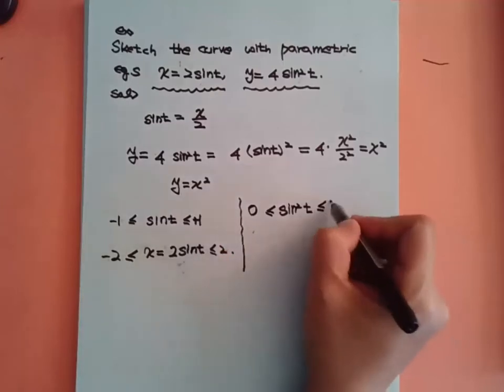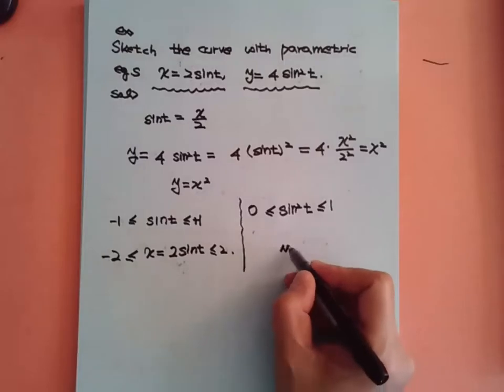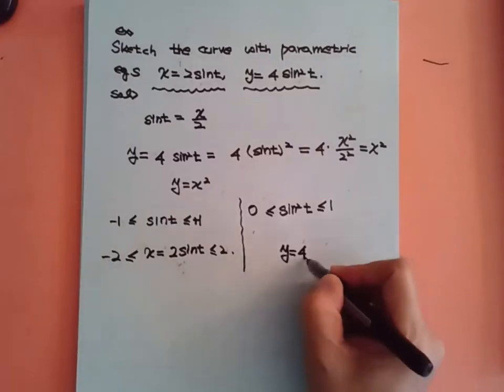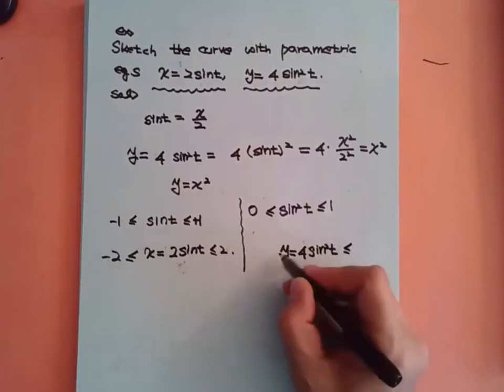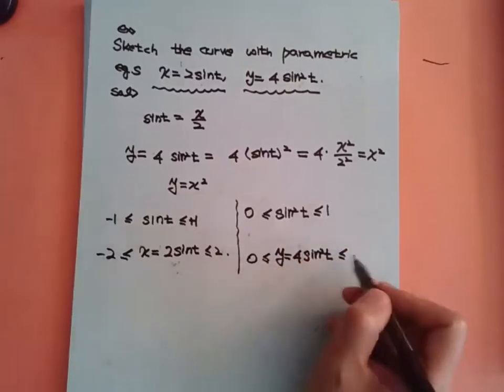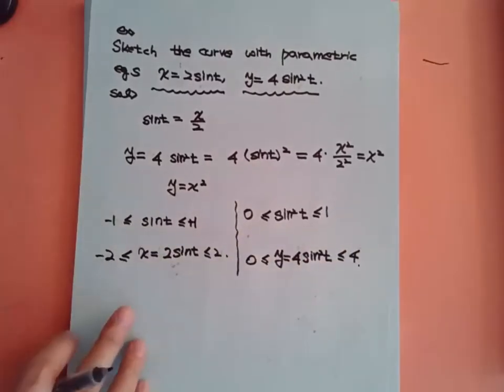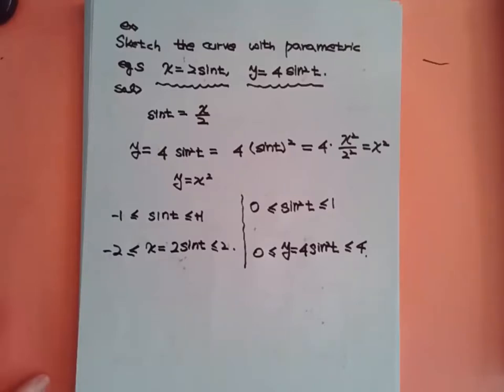So sine squared is also bounded by 1. Then y is defined as 4 times sine squared of t, so we just multiply by 4 on each side. Then that is 0 and 4. Right, so by using the maximum and minimum, we can get the maximum and minimum points for the x value and y value.